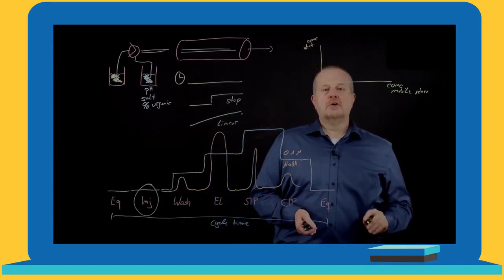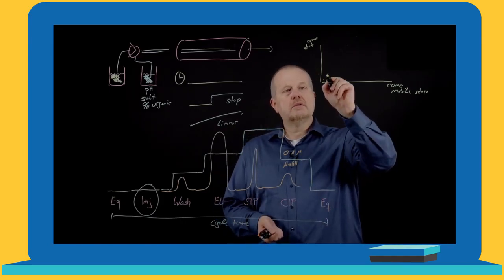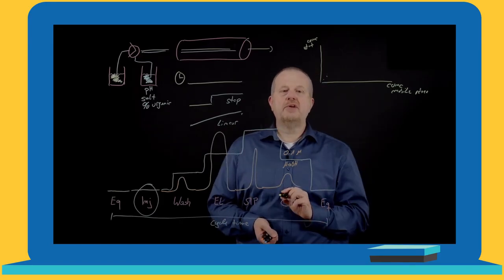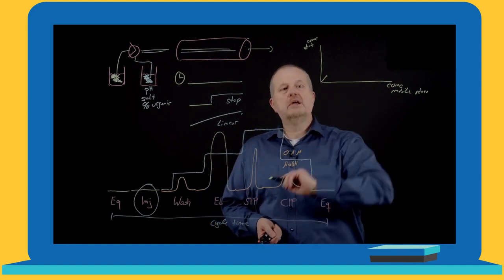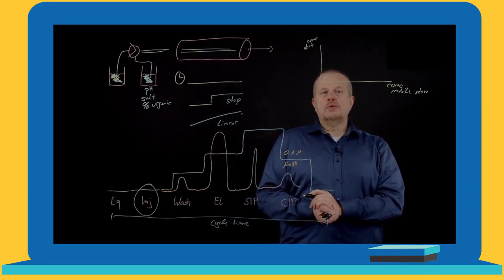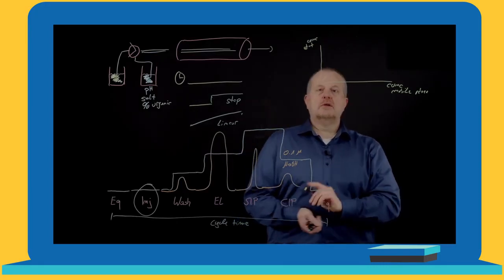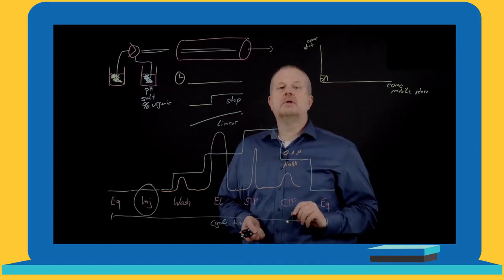If we have low concentrations in the mobile phase, everything which is in the mobile phase is adsorbed on the stationary phase, and we have a linear increase in what is bound to the stationary phase. This is called the linear range of the adsorption isotherm.